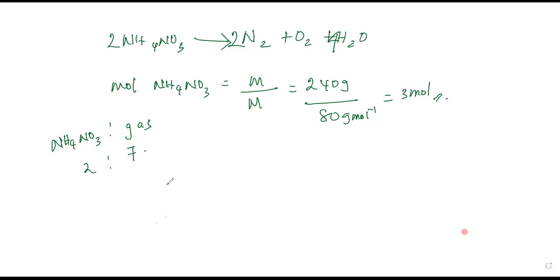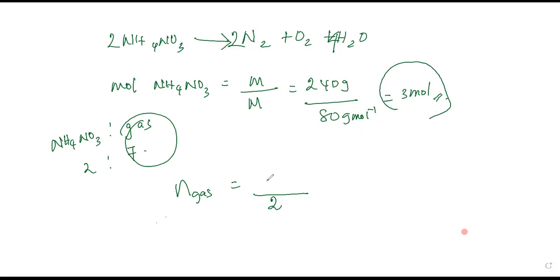Okay. So you have to find the volume. Before finding the volume, you have to find the mole of the gas. According to this equation, 2 mole of ammonium nitrate, look very carefully, 2 mole of ammonium nitrate is containing, originally it is 3 moles now. What should it be for the 7 mole of gas?